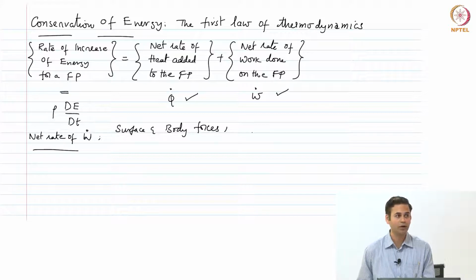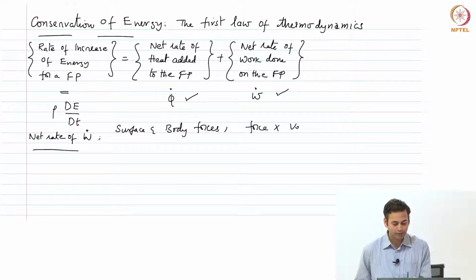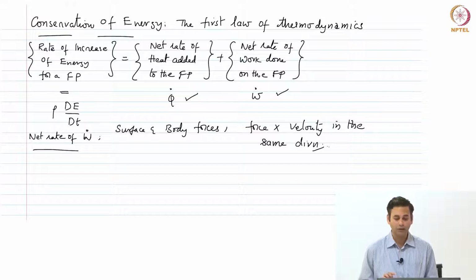That is the work done by a particular force, so that we agree upon. So essentially force multiplied by the velocity in the same direction would give us the net rate of work done contributed by the forces in a particular direction. We don't want to redraw it, but rather we want to consider the forces that are acting in the x direction first.